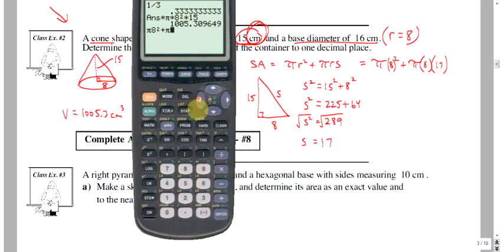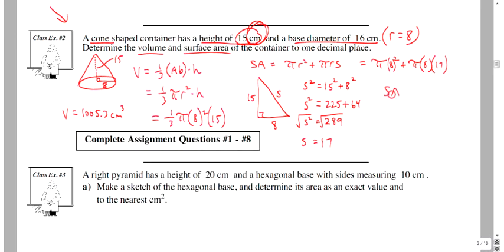I got to put times in there. Okay. To the 10th spot, 628.3. What's the units? Centimeters. Area has 2 dimensions. Squared.